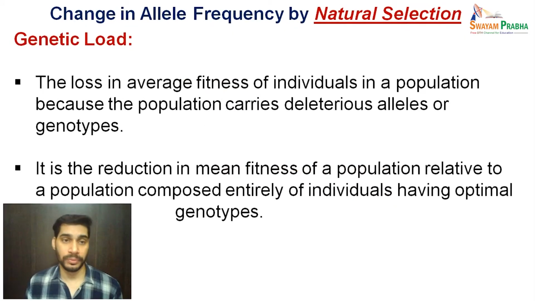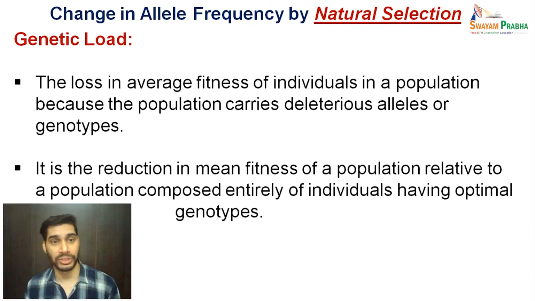Genetic load. The loss in average fitness of individuals in a population because the population carries deleterious alleles or genotypes is defined as the genetic load. As we just talked about the fitness of individuals and the population, if a population carries deleterious alleles or genotypes, there is a loss in average fitness of individuals in that population, and this loss is termed the genetic load.